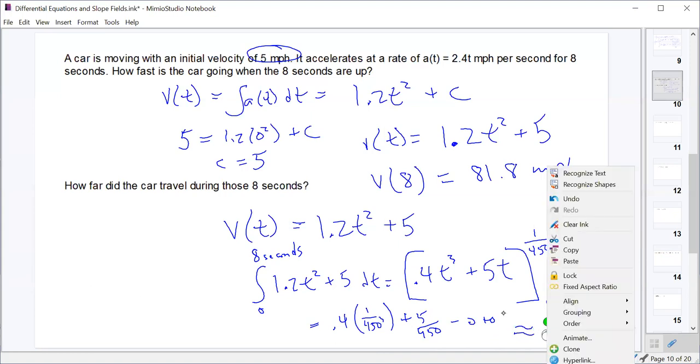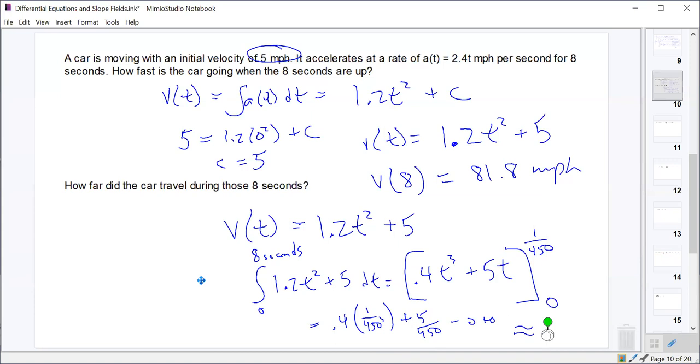Point something number of miles, right? All right, 0.011 miles. Sounds good to me. Which seems reasonable, right? Accelerating pretty quickly, 8 seconds to get to 81 miles an hour. Haven't gone that far though, because we weren't going that fast at the beginning, right? Our acceleration ramps up with each second, but we're not really increasing that much in the first few seconds.